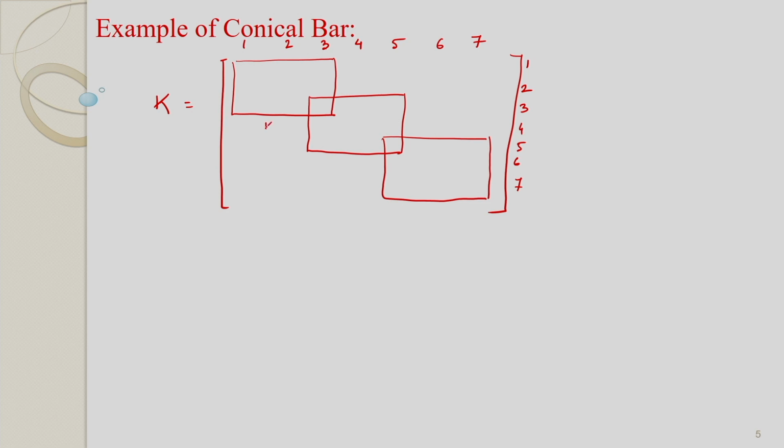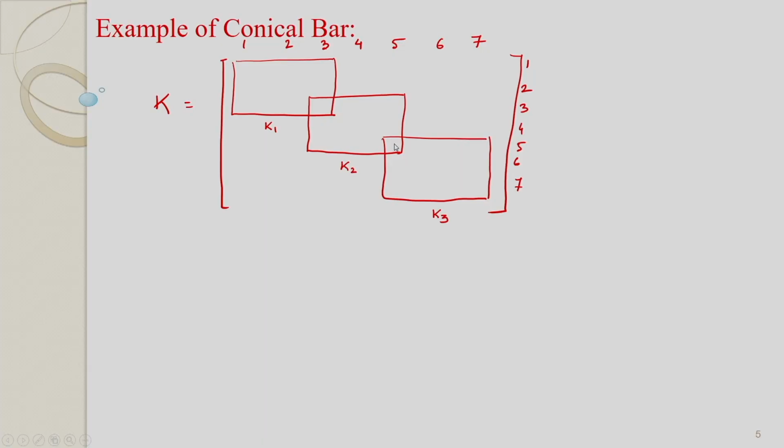So, this is K1, K2 and K3. So, this 3 comma 3 global entry is present in both K1 and K2. We know in the assembly they will get added. Similarly, 5 comma 5 is present in K2 and K3, they both will be added.